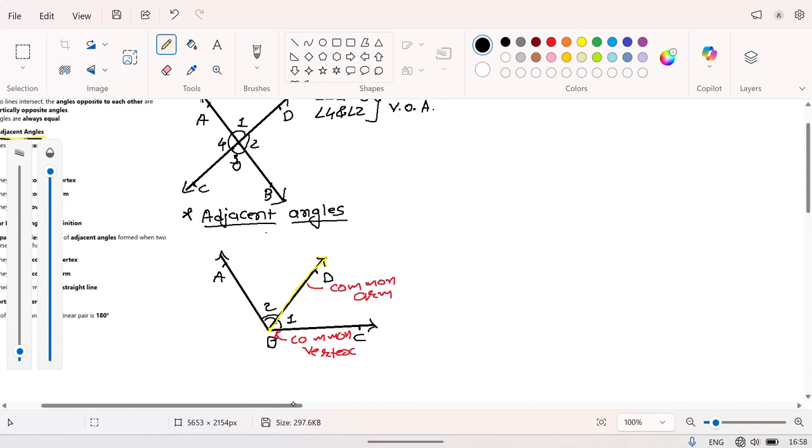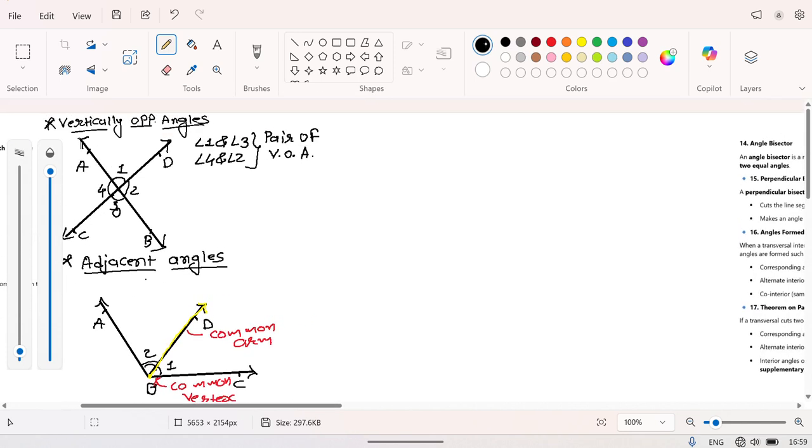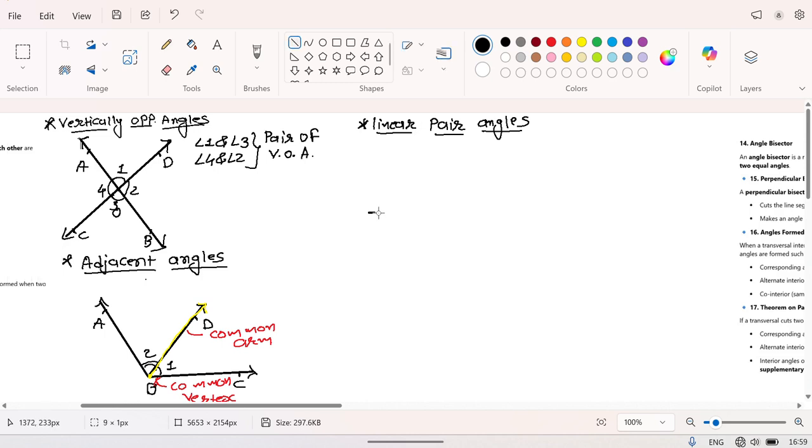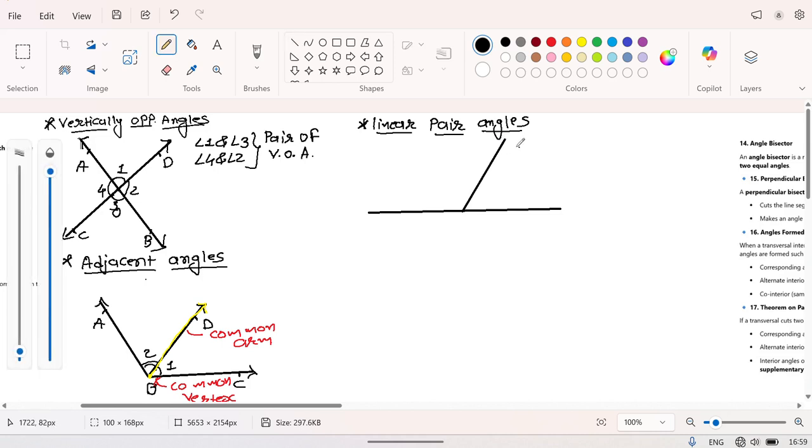Moving to the next, linear pair of angles. The linear pair of angles is basically said that when two adjacent angles form a line, it's called a linear pair of angles. Let's see this figure, this is A, this is B, this is C, and this is D. In this figure, this is angle 1 and this is angle 2.